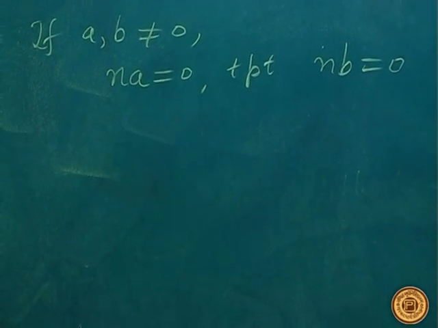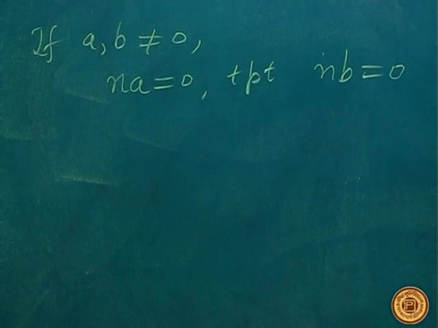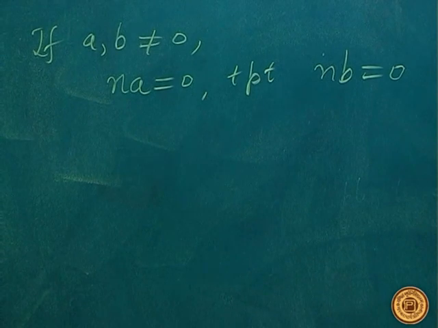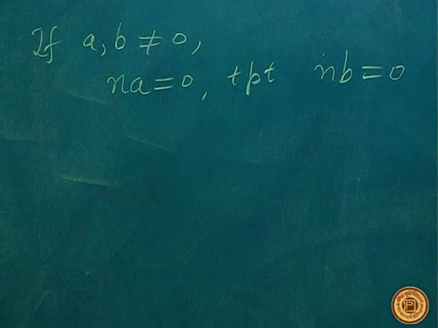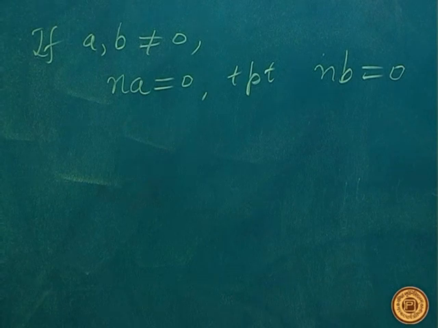See, if a has additive order n, then na is equal to 0. In the additive group, this is the meaning of the order. So, if we show that na equal to 0 implies nb equal to 0, then we are through.